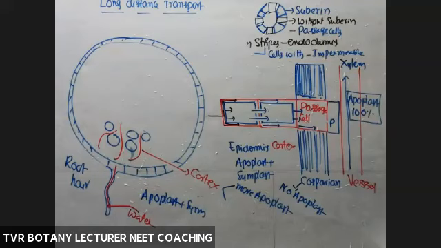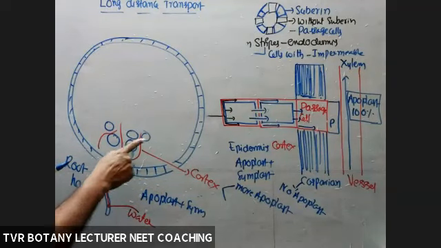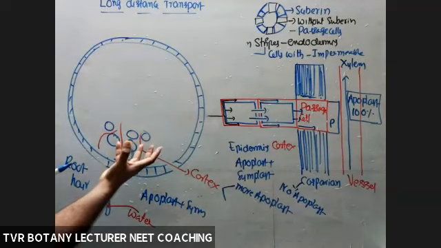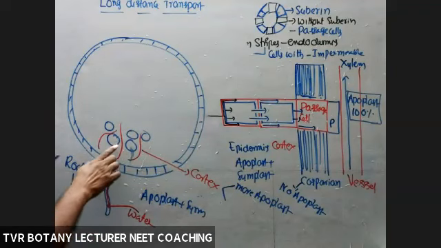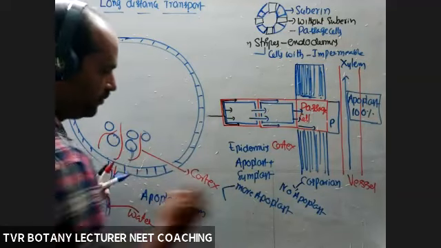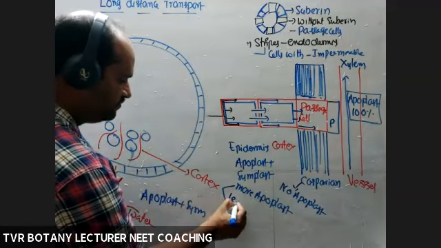Penetration means passing through. What about the rate of penetration of water molecules into clay and sand? Sandy soil particles are loosely packed, so the rate of movement is more. Similarly, the cortex has more intercellular spaces, so more apoplast, less symplast.